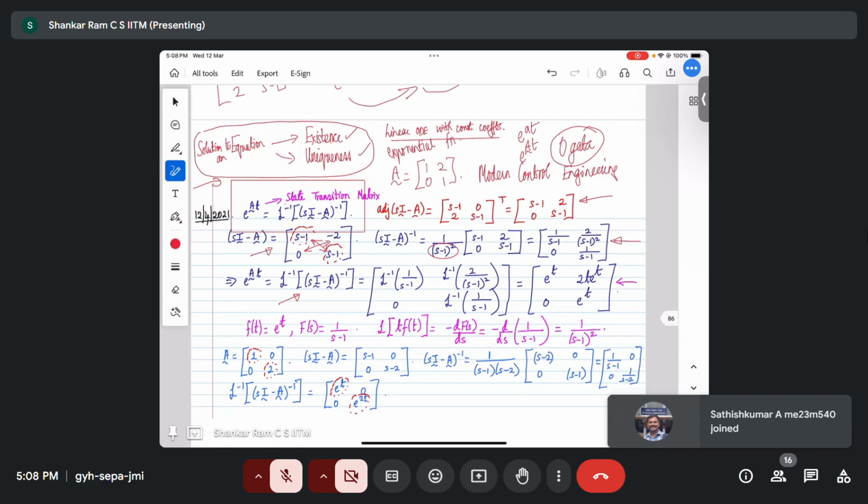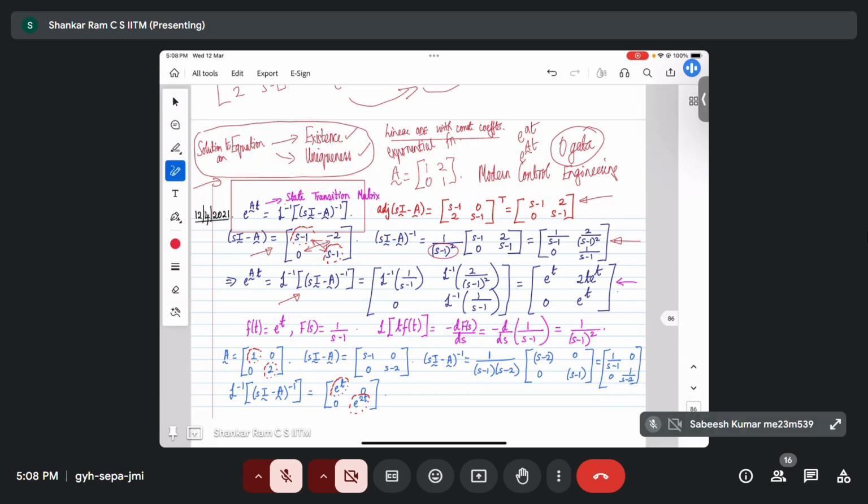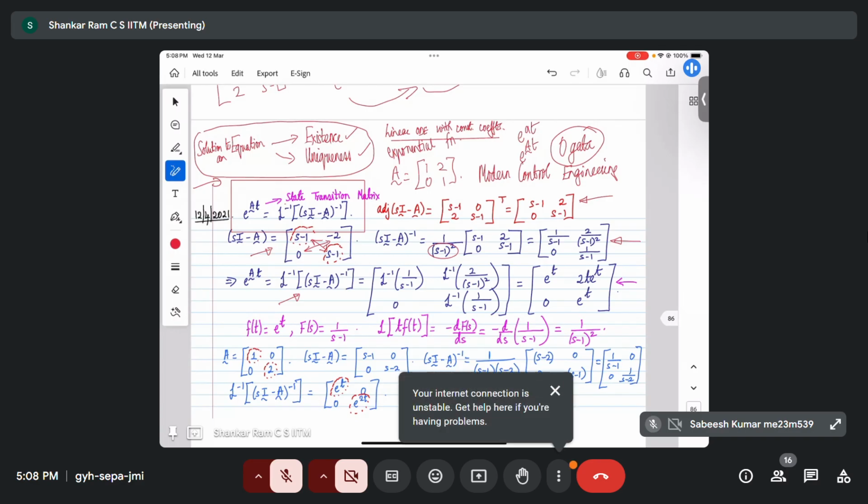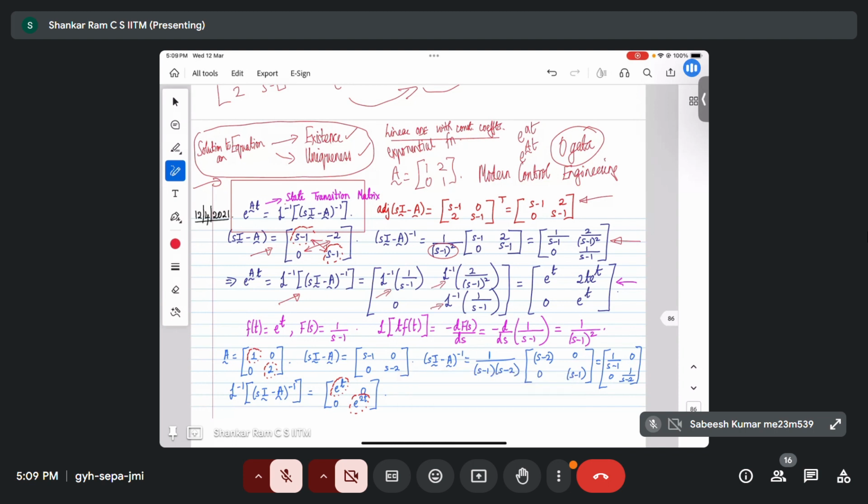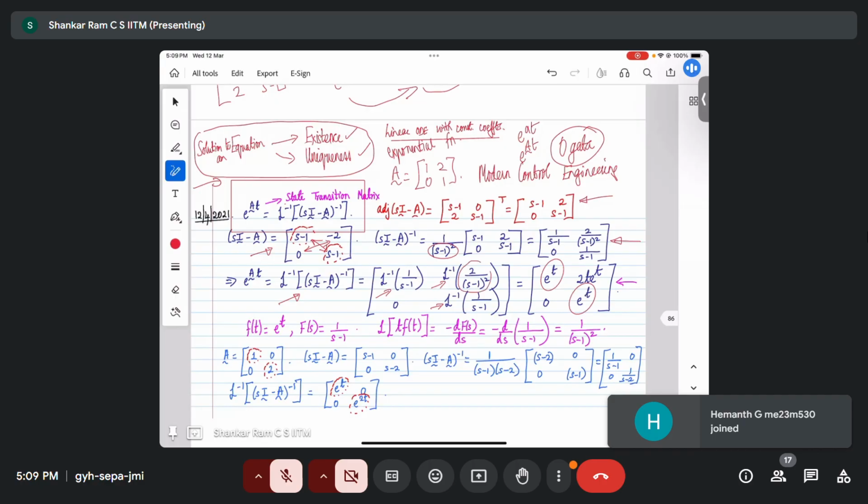The Laplace inverse of 1 by s minus 1 becomes e power t. Again, the Laplace inverse of 1 by s minus 1 becomes e power t. The Laplace inverse of 2 by s minus 1 whole square becomes 2t e power t.